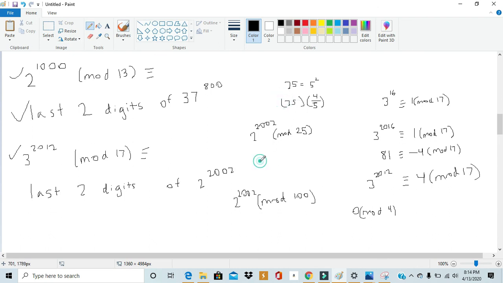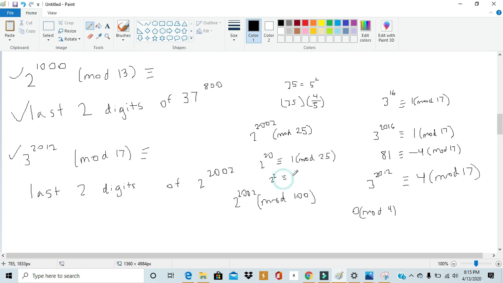So we know that 2 to the 20th is congruent to 1 mod 25. So that means for every 2 to the 20th, we're going to be left with 1 mod 25. So if we take the remainder of when 2002 is divided by 20, we're going to be left with 2 to the 2, which we have to take mod 25.